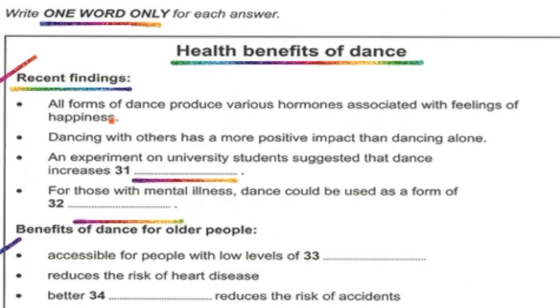But what's only been discovered recently is that dancing not only makes us feel good, it's also extremely good for our health. Dancing, like other forms of exercise, releases hormones, such as dopamine, which make us feel relaxed and happy. And it also reduces feelings of stress or anxiety.